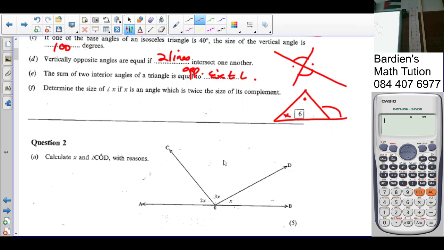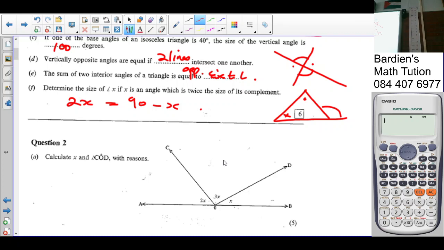Determine the size of angle x, if x is an angle which is twice the size of its complement. You all agree with that statement?